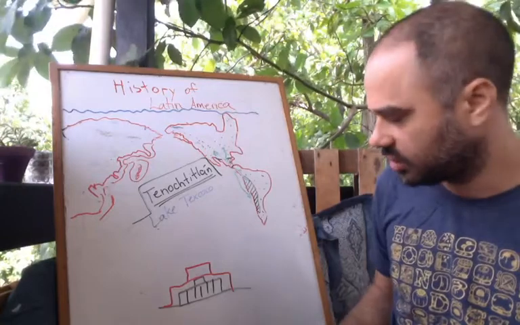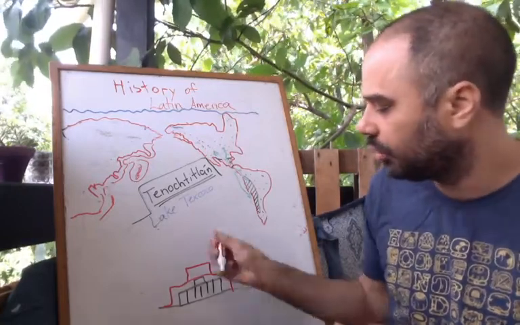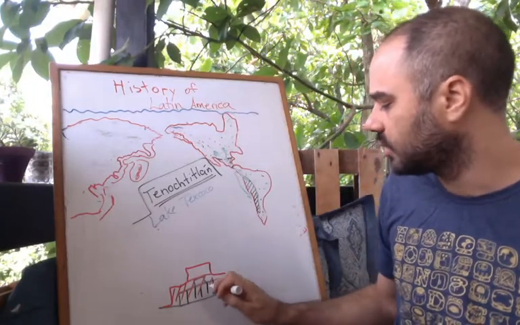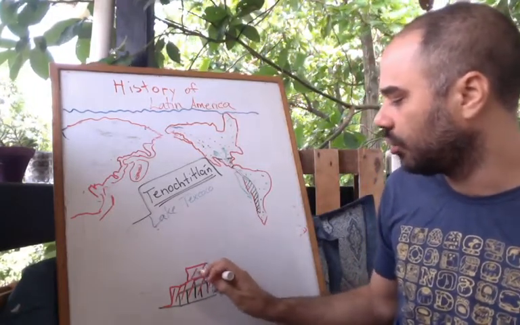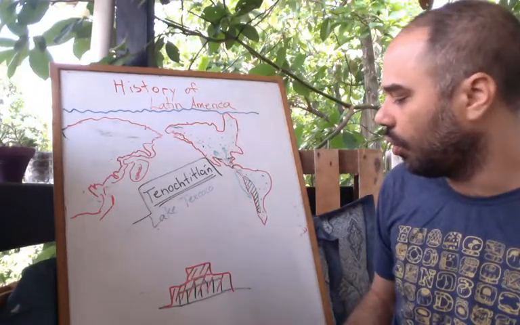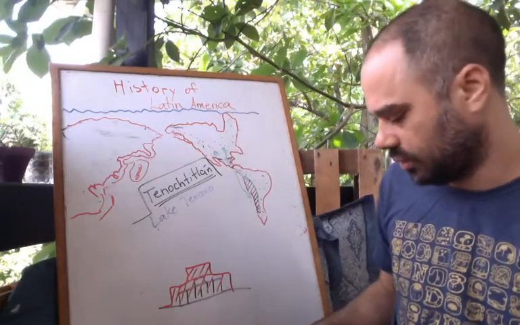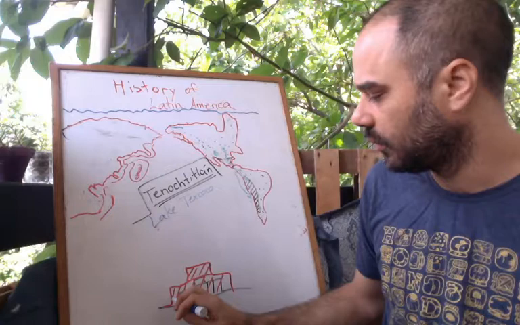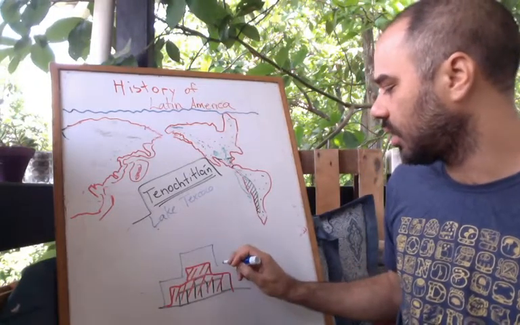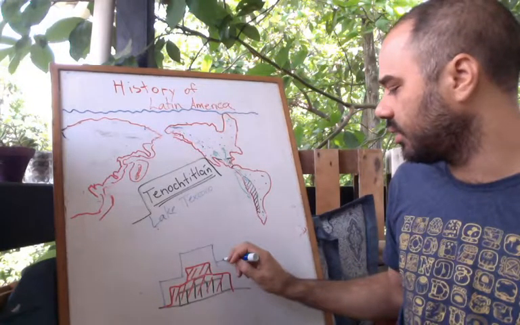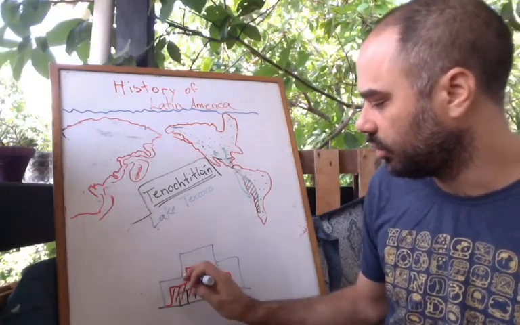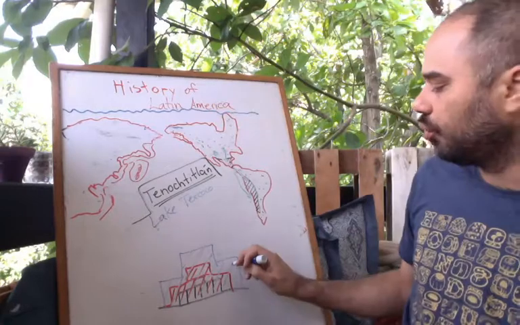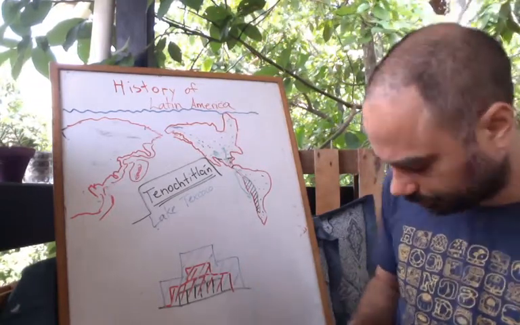So this was something that they did: they would build over the temples of the previous ruler. This is a way that their temples started to grow, because underneath important temples they would build other temples.